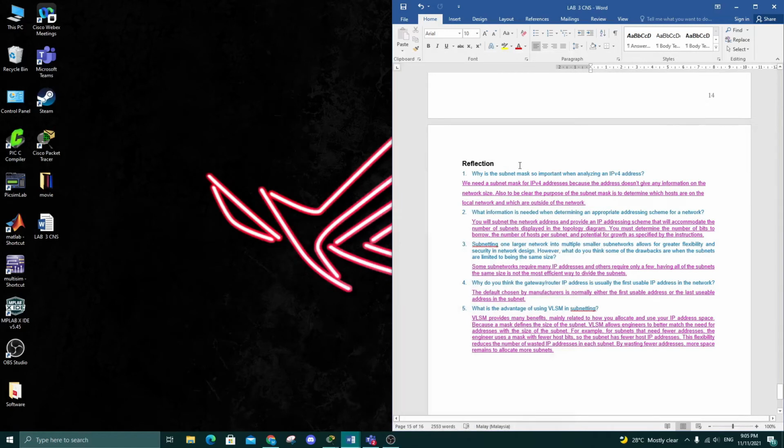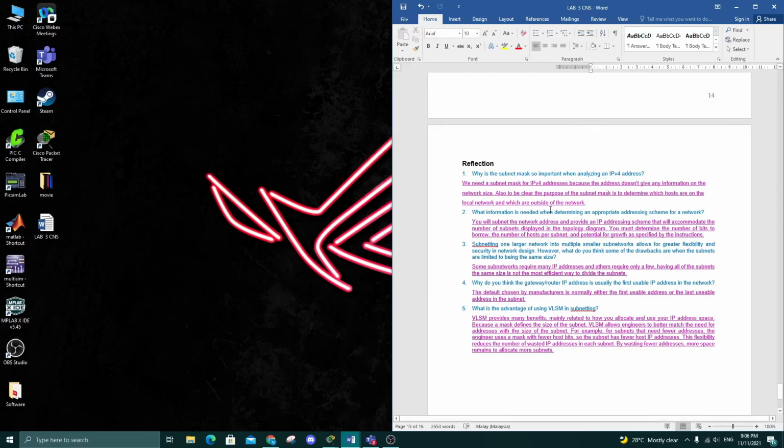And for reflection, the first question asked: why is the subnet mask so important when analyzing an IPv4 address? The answer is we need a subnet mask for IPv4 addresses because the address doesn't give any information on the network size. Also, the purpose of the subnet mask is to determine which hosts are on the local network and which are outside of the network.